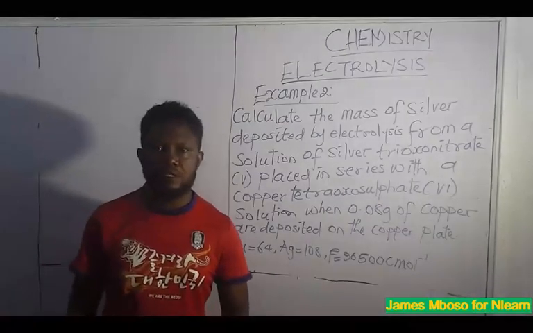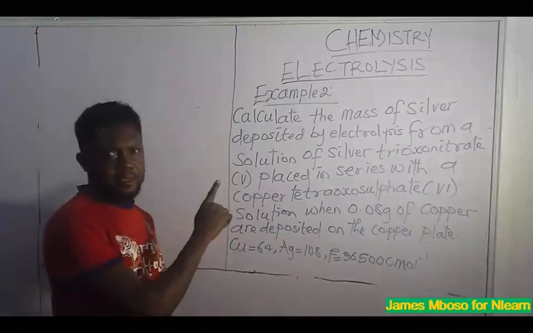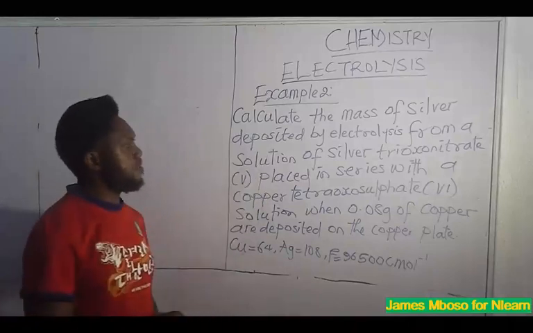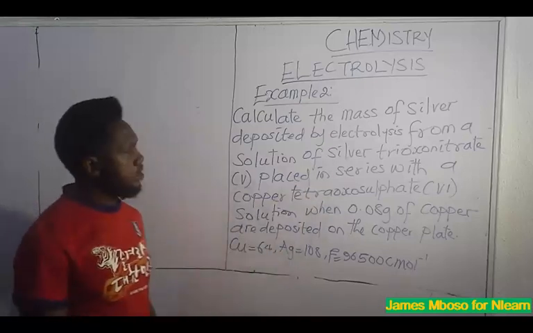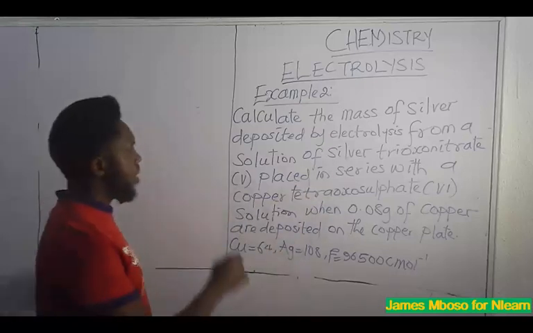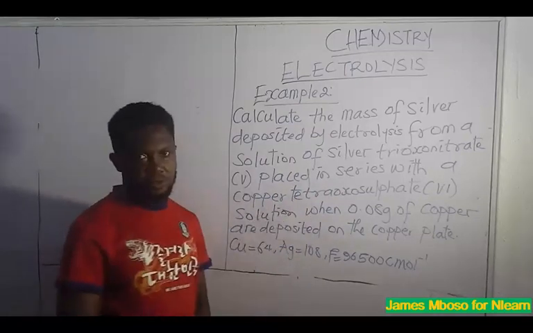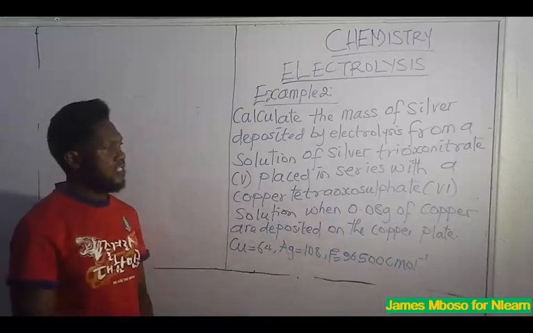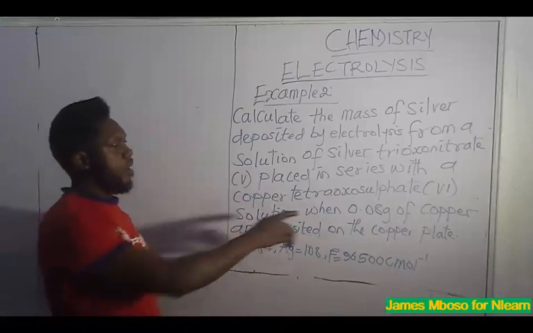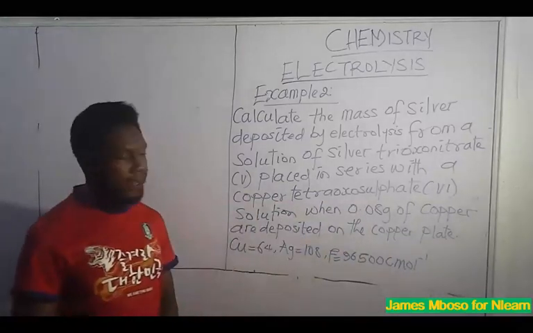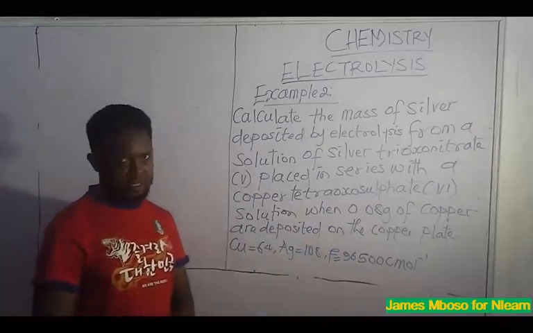Still on electrolysis, let's take the second example. Calculate the mass of silver deposited by electrolysis from a solution of silver trioxonitrate(V) placed in series with a copper tetraoxosulfate(VI) solution when 0.08 gram of copper is deposited on the copper plate.